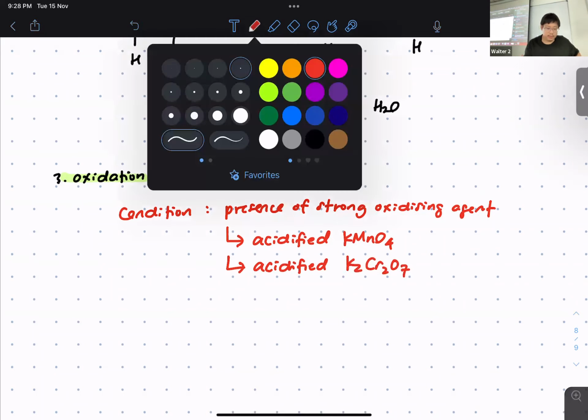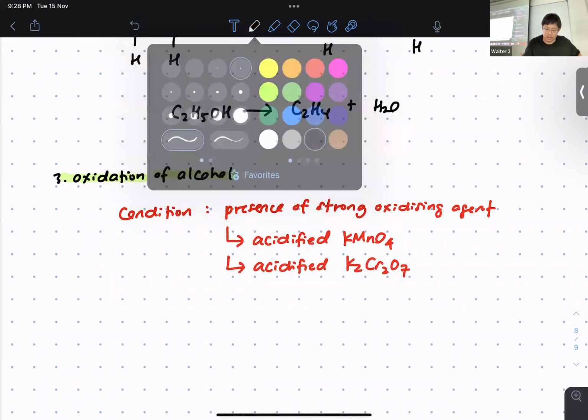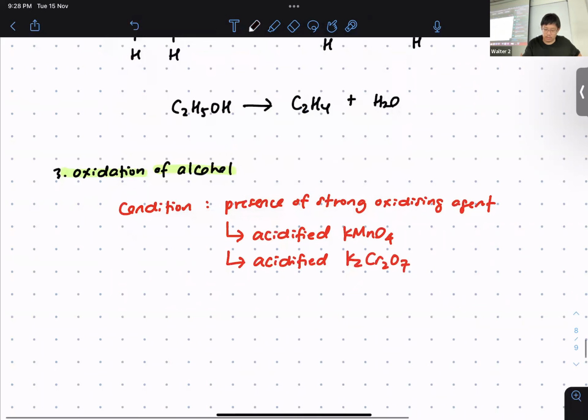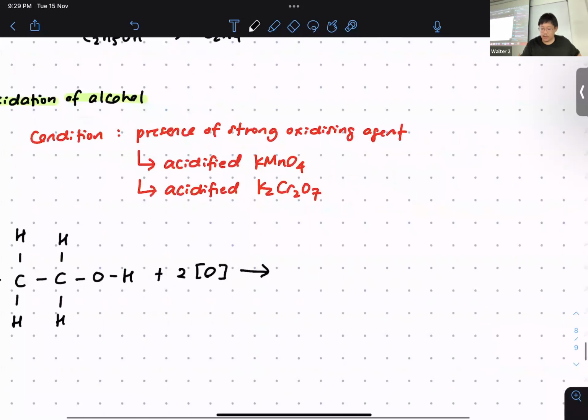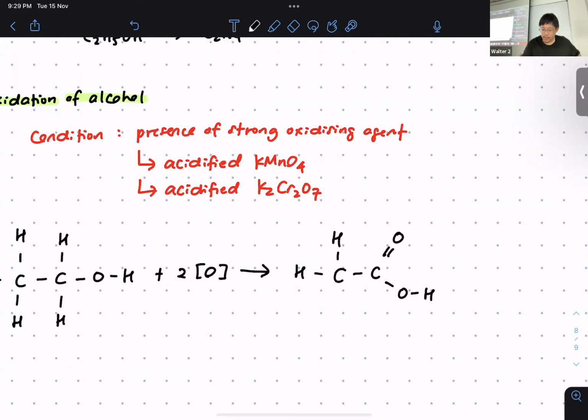So as for the mechanism, very simple. The alcohol gets oxidized to form a carboxylic acid. So in this case here, ethanol will be converted into a carboxylic acid called ethanoic acid, because it's a 2-carbon ethanoic acid.